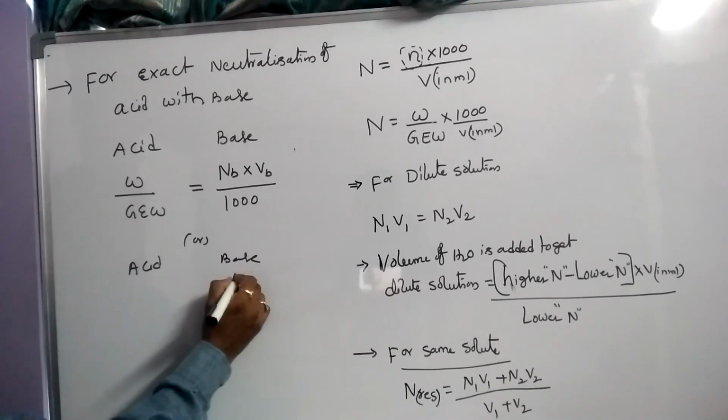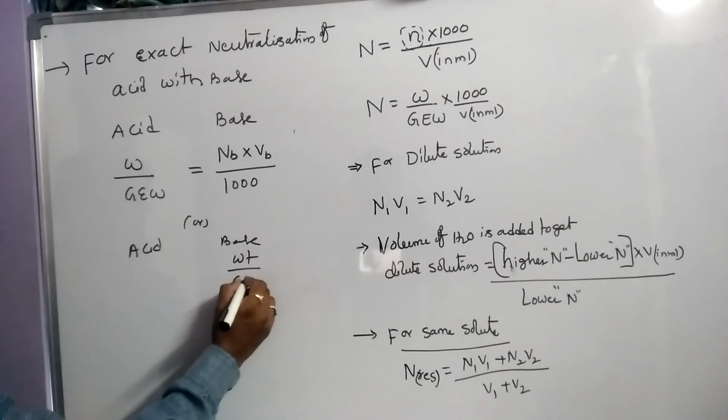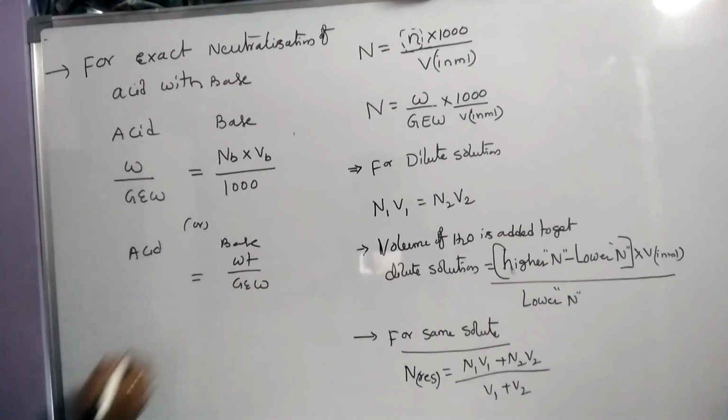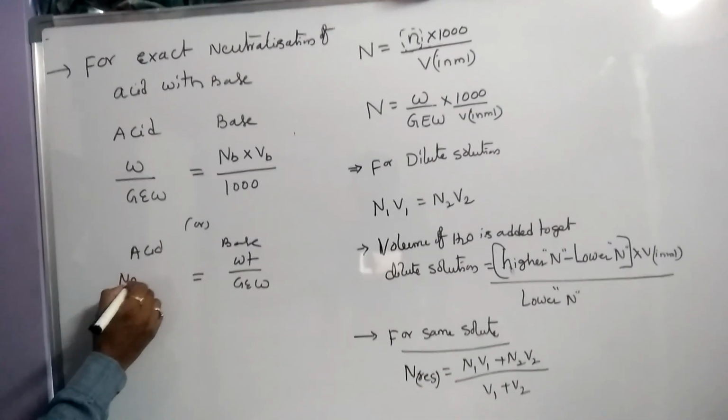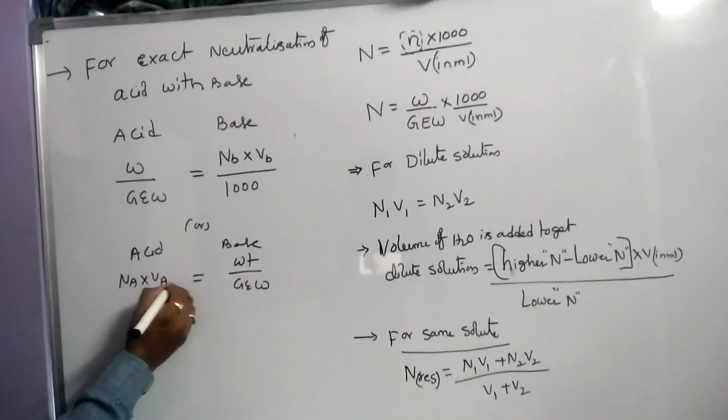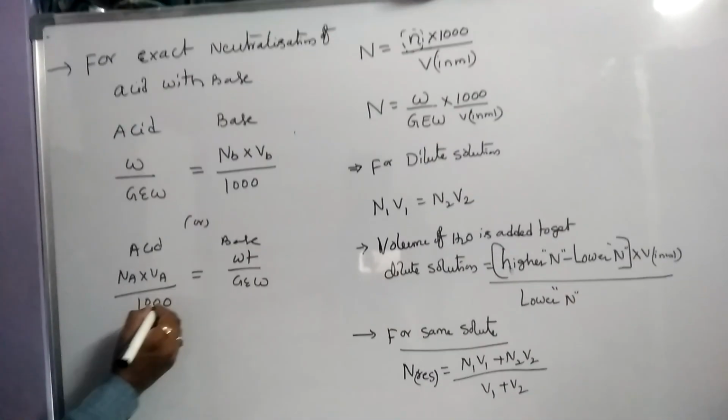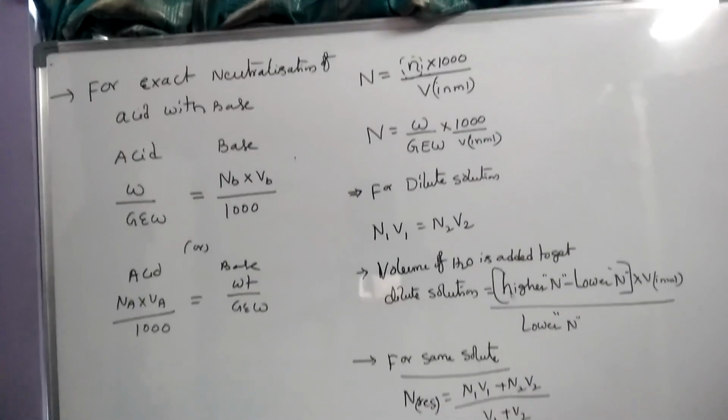Here weight by gram equivalent weight is equal to normality of acid into volume of acid by 1000. Okay?